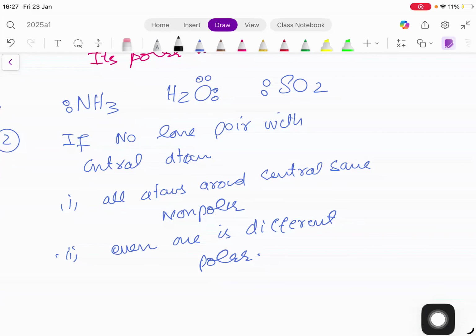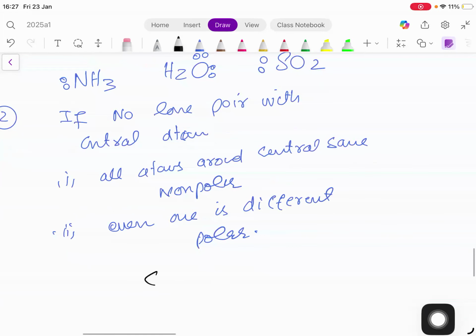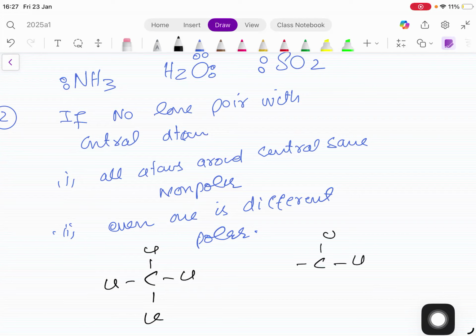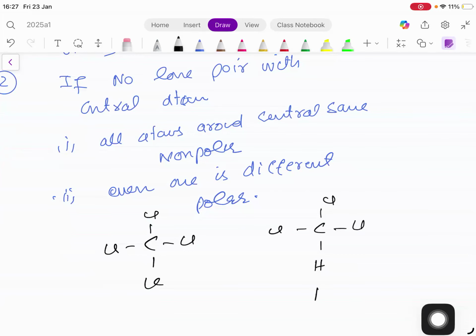For example, carbon doesn't have a lone pair. If it has 4 chlorine around it, non-polar; if it has 3 chlorine and 1 hydrogen, it becomes polar.